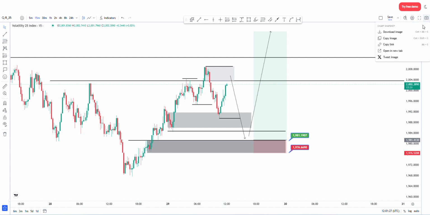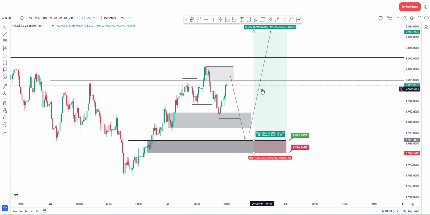Let me take a screenshot. Good. So this is our setup for Vix25. Actually, I'll be looking forward for a sell from here, back into the fair value gap before we push to the upside, right?